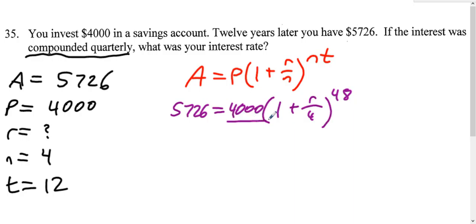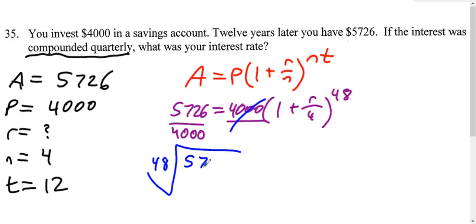So we'll do that by dividing by 4,000. Then we will get rid of the exponent by doing, since it's a 48 as an exponent, you would do the 48th root. That's the index of our root, of our radical.